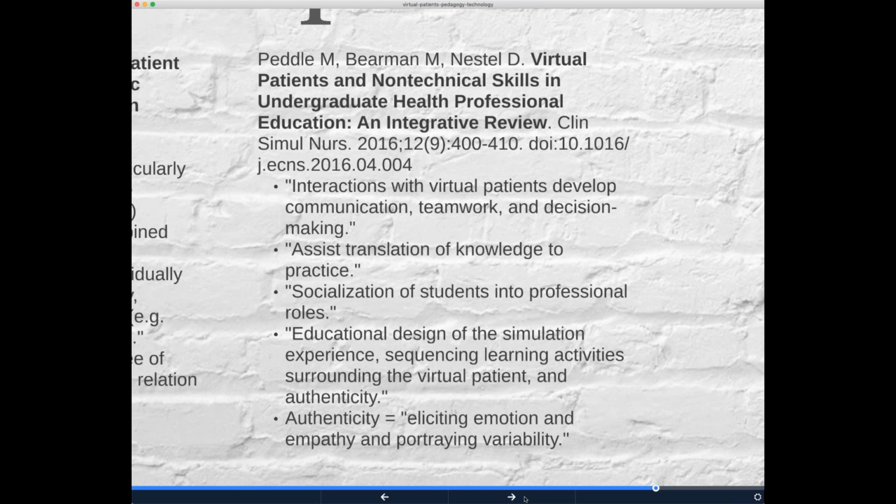When they dug into some aspects of the educational design of the simulation experience, they found that it's important to consider not just the virtual patient, but how it's built into a bigger curriculum and the sequencing of other learning activities surrounding the virtual patient.